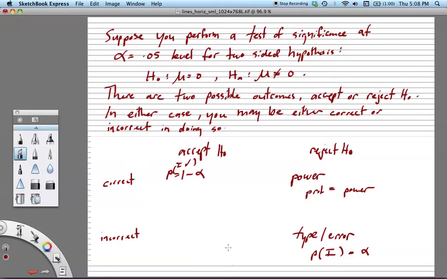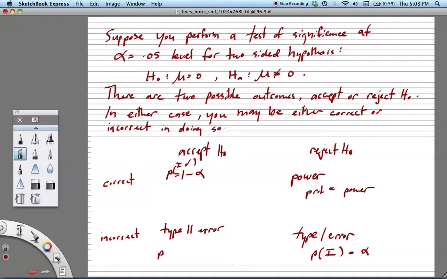Okay, and so that leaves us only one other thing that could happen. We know it's going to be some type of error because we were wrong. So in the case that we accept the null hypothesis, but we were wrong in doing so, meaning we failed to detect an alternative, we failed to find evidence for an alternative, when in fact the alternative is true, this is called a type 2 error.